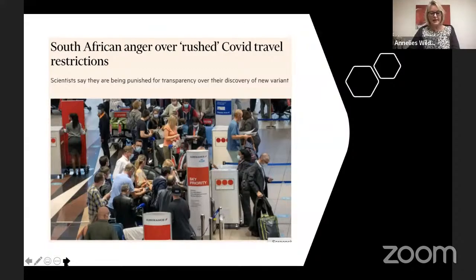Scientists say they are being punished for their hard work and scientific acumen. Travel bans should not become deterrents. We want countries to report new variants of concern without being punished.